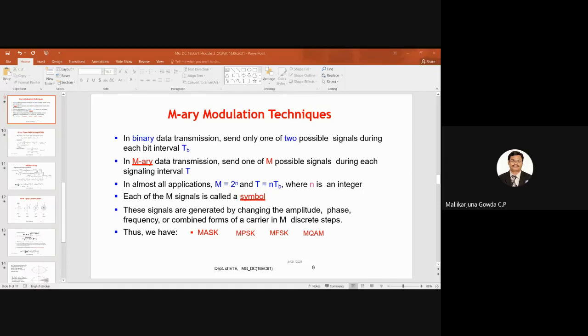Data transmission, huh? Yes, at least you can say with respect to the channel bandwidth or efficiency, or basic understanding about M-ary modulation techniques.